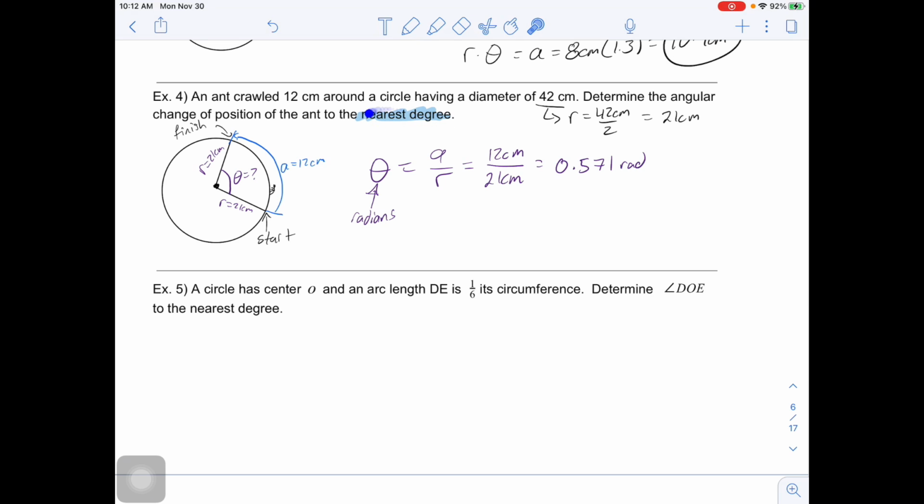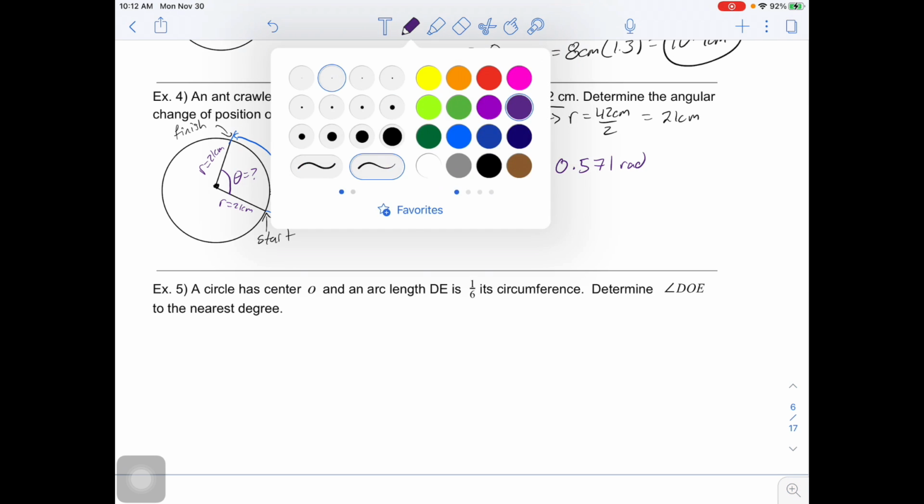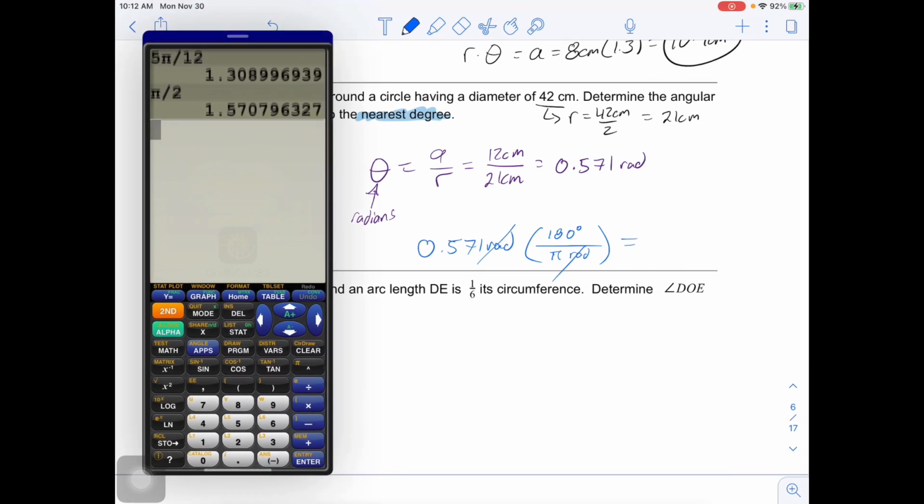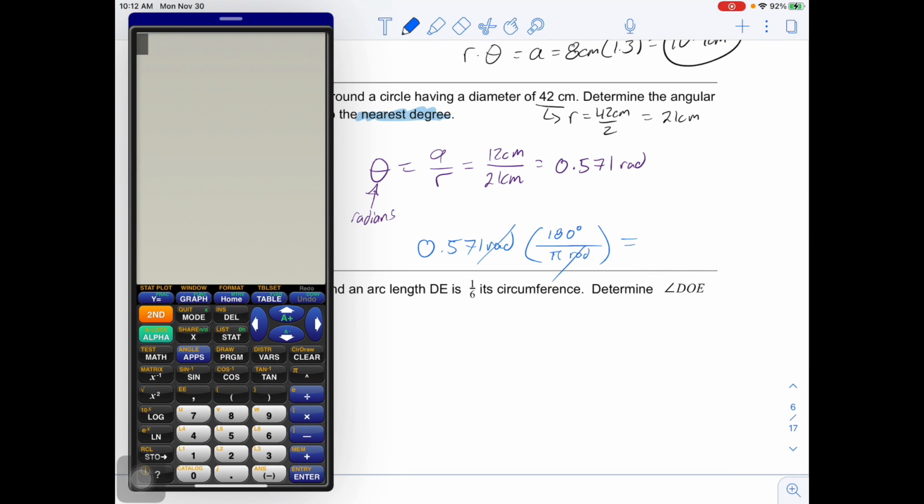And now, since it wants it to measure in degrees, we're going to convert. So we're going to take 0.571 radians, and we're going to multiply this to convert it to degrees. So remember, we want our radians to cancel out, so this will be pi radians on the bottom. On the top, it'll be 180 degrees. Our radians cancel nicely, and we will take our values here.